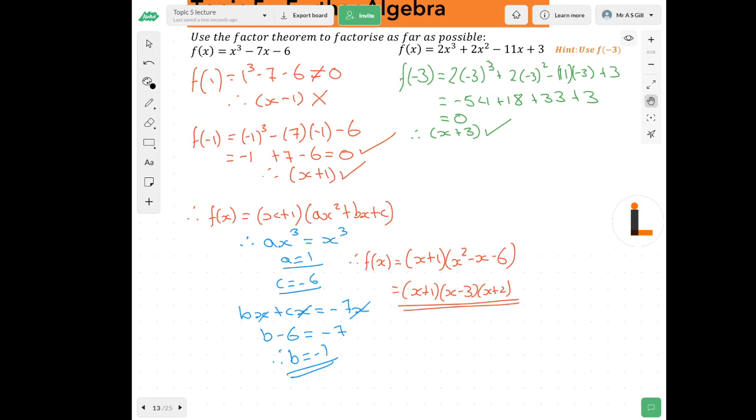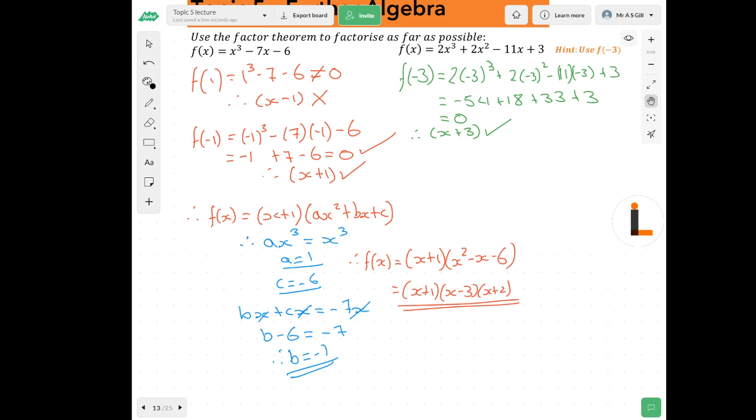So I've just started off some of the working up here, showing why x plus 3 is a factor.